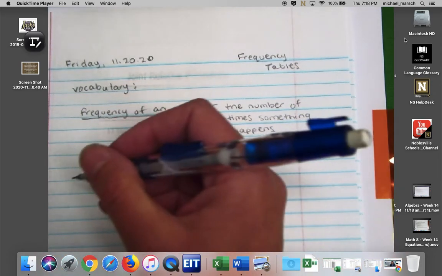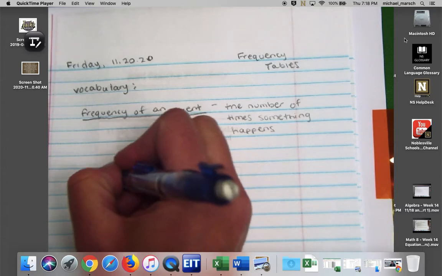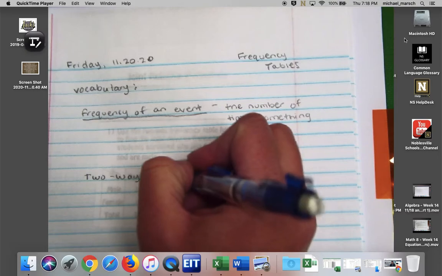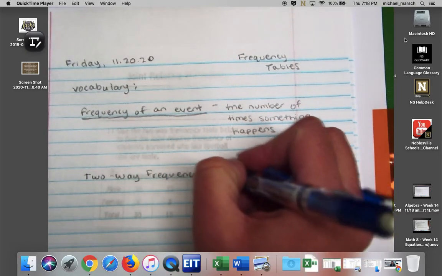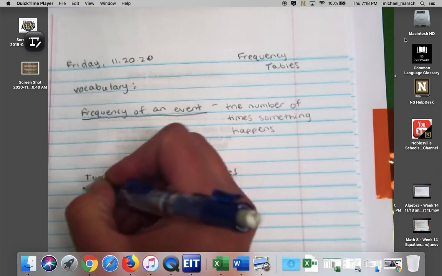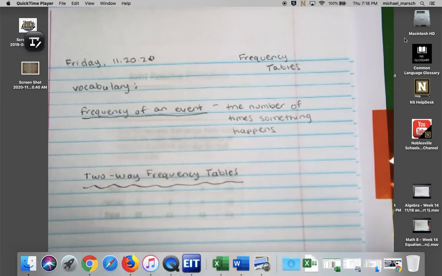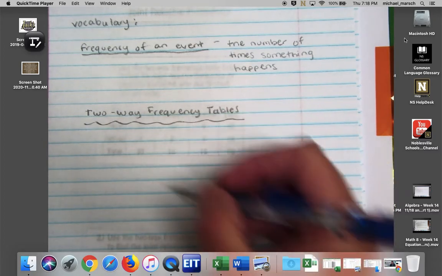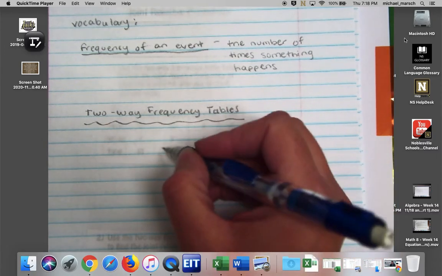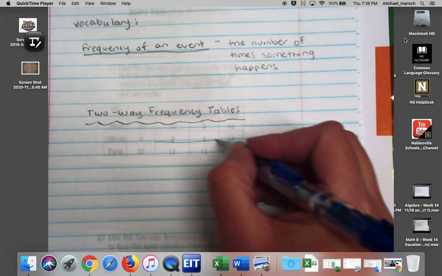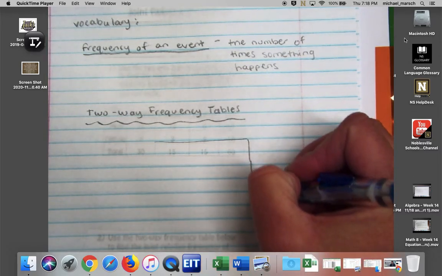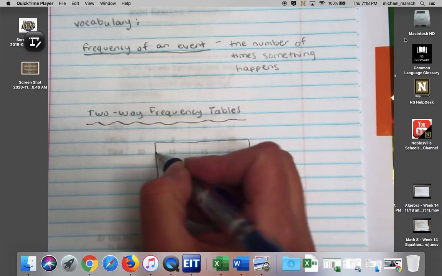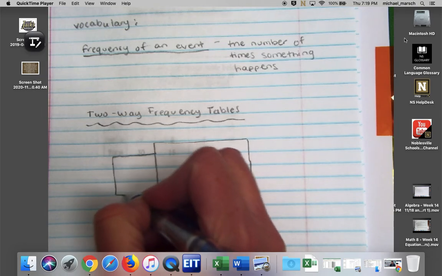Now what we're going to do is focus on two-way tables and how they work. Two-way frequency tables. Now you're going to have to draw a frequency table, so let me do my best to draw this, and you can pause the video as needed.